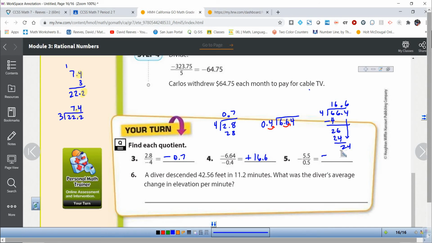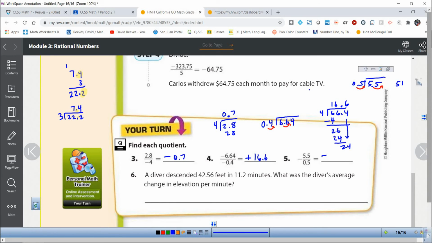16.6. All right, last one right here. I have, again, just one negative, so the answer is negative. So let me do it over here. I'm going to do 5.5. That is my dividend. My divisor is 0.5. Again, I have to move that decimal one place over, so I'm going to move that decimal one place over. So when I do this, what do I end up with?